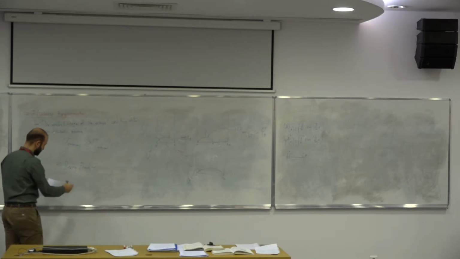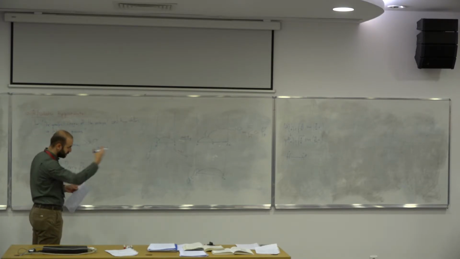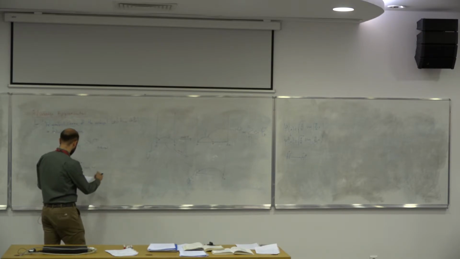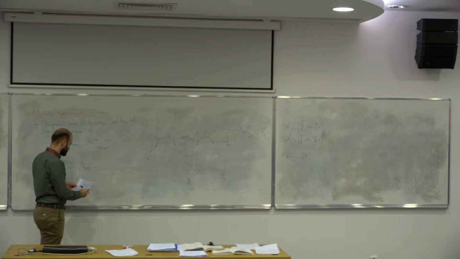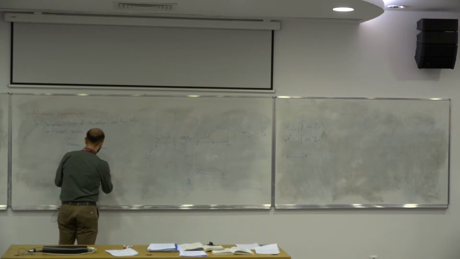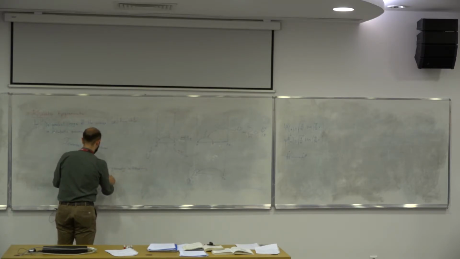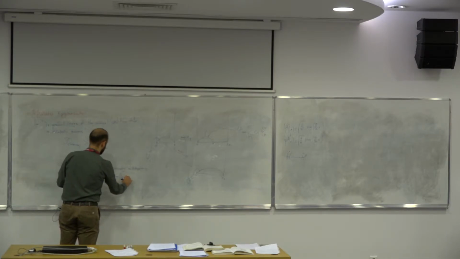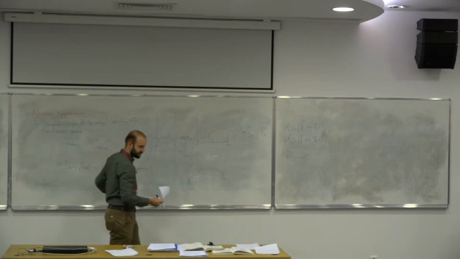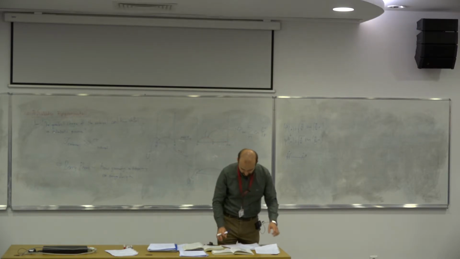I'll make a rigorous introduction, but just to give you an insight about what's coming up next, it's basically how geometry and topology can emerge from quantum mechanics. So this is basically going to be a demonstration of such a thing.